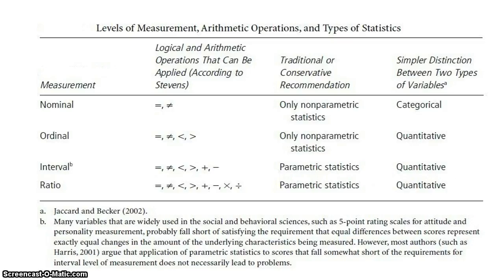Ordinal, you can test on the equal or not equal, or less or more, and also non-parametric statistic, and it is quantitative. And then interval, again you can perform equal, non-equal, less or more, or positive or negative, and it's actually parametric statistic and quantitative. And ratio also parametric statistic and quantitative.